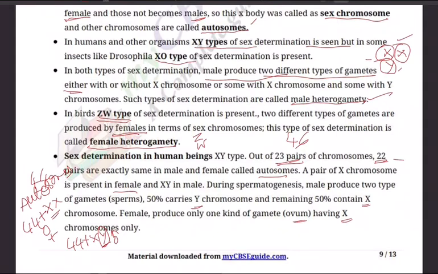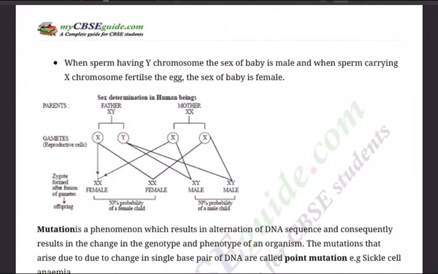So that's how the sex will be decided by the sperm. Is it the sperm having the X chromosome or the Y chromosome? When a sperm having the Y chromosome fertilizes the egg, the sex of the baby is male. When the sperm carrying the X chromosome fertilizes the egg, the baby is female. So it is the sperm that decides the sex of the baby.